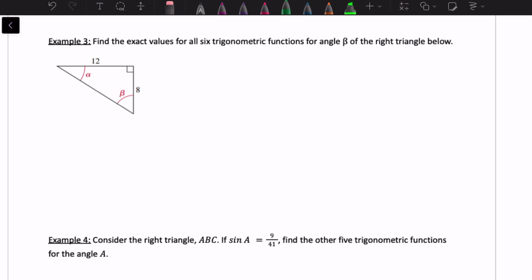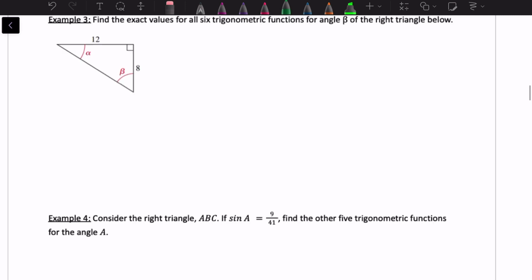Okay, let's do example 3 from section 1.3. We want to find the exact values for all 6 trigonometric functions for angle beta of the right triangle below. Of course we always are missing a side, so we've got to find that missing side. We use the Pythagorean theorem, and I find that 8 squared plus 12 squared equals c squared.